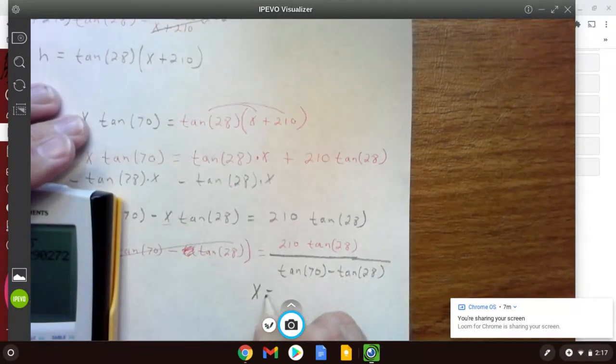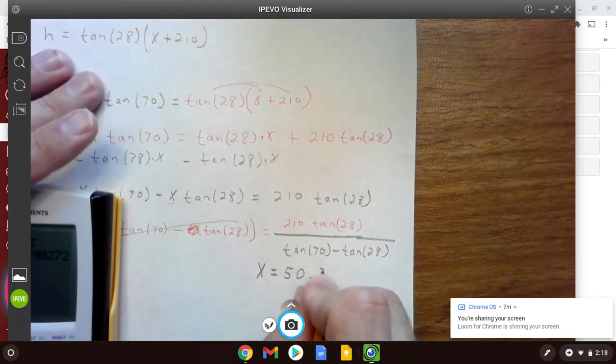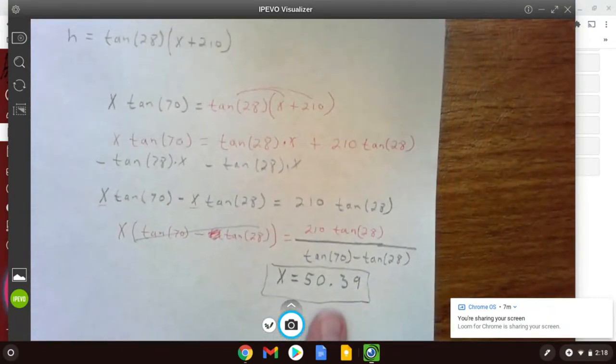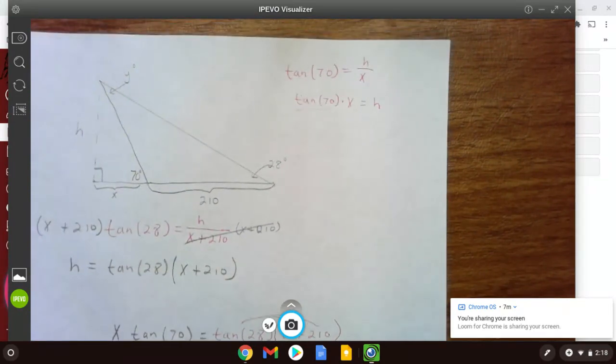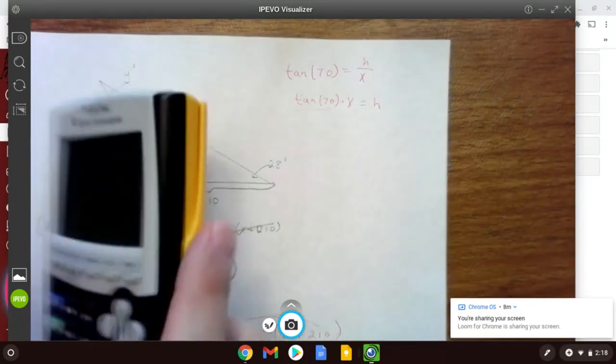So x equals 50.39. You could store that to x if you wanted to, but I'm going to go back up here, and I could use this equation and plug in 50.39 for x, or I could do it here. I'm just going to do it up here because it looks easier.